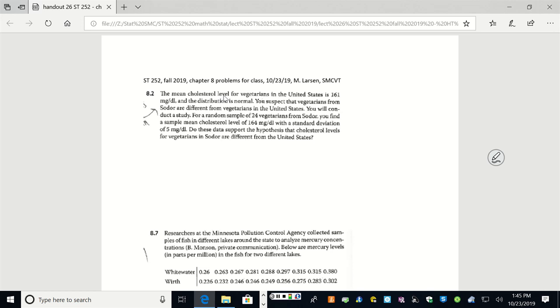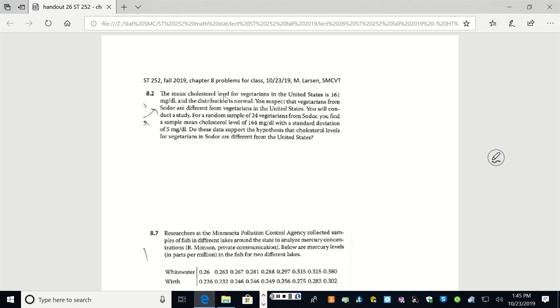You expect that the vegetarians from Sodor are different from vegetarians in the United States. You conduct a study for a random sample of 24 vegetarians from Sodor. You find a sample mean cholesterol of 164 with a standard deviation of 5 milligrams per deciliter. Do these data support the hypothesis that cholesterol levels for vegetarians in Sodor are different from the United States?